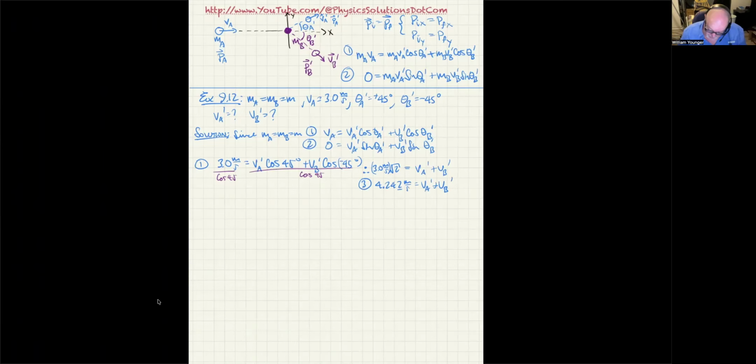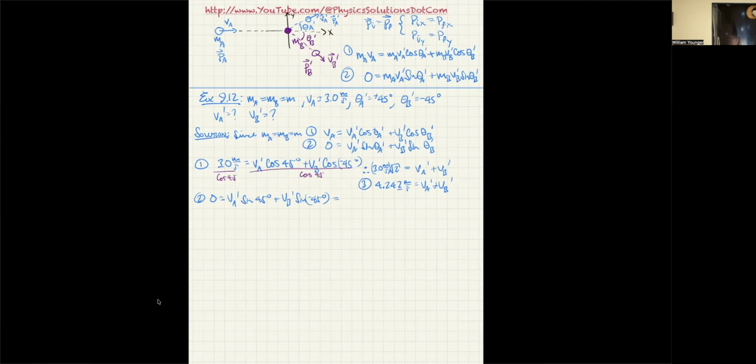Now I'm going to plug the same information into equation 2, only this time we're dealing with a sine, and sine is an odd function. So the sine of negative 45 is the negative of the sine of 45. So in this case, from 2, I get 0 is equal to VA prime times the sine of 45 degrees plus VB prime times the sine of negative 45 degrees.